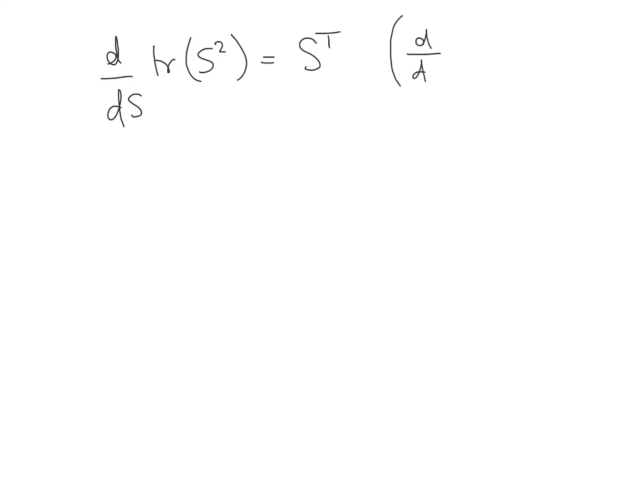So let's look at the case where K equal to 2. For K equal to 2, we are supposed to show that DDS trace of S squared is equal to 2 transpose of S. Remember the proof in slide 11: we should show that DDS trace of S^K is equal to K times S^(K-1) transpose.